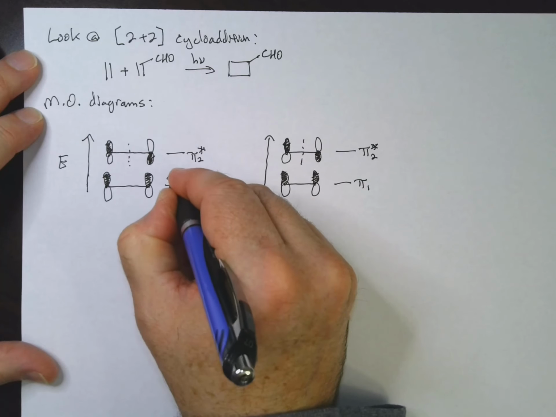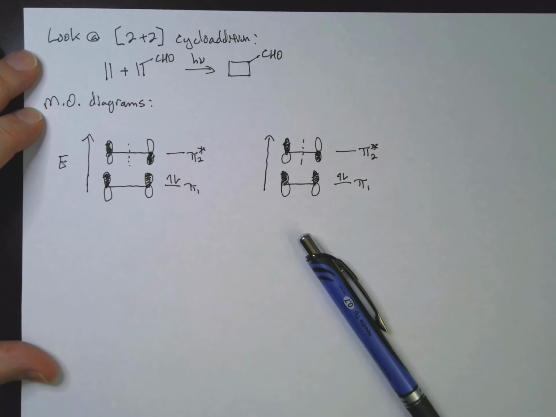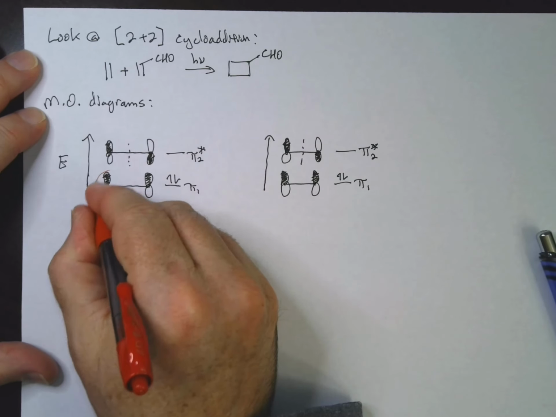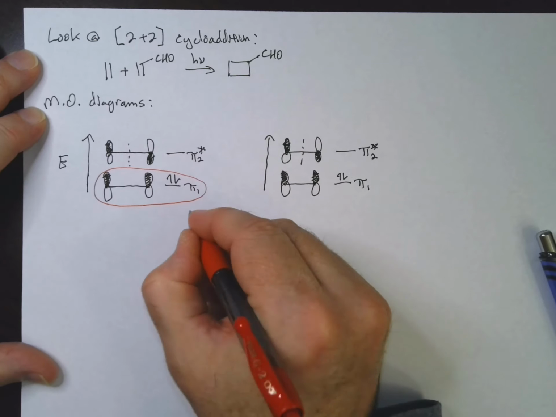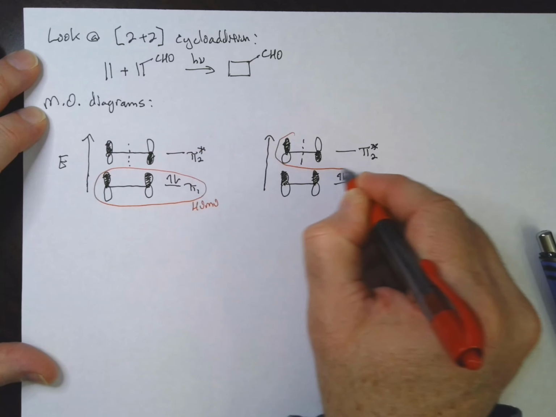So I can put in my electrons, and like before, I've got my HOMO, and I have my LUMO.